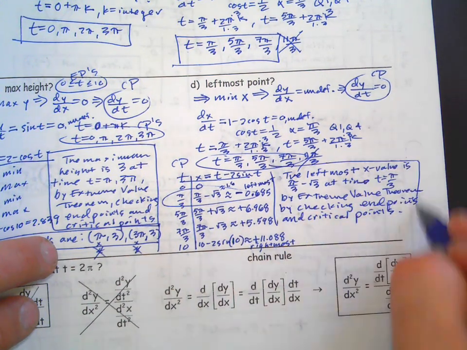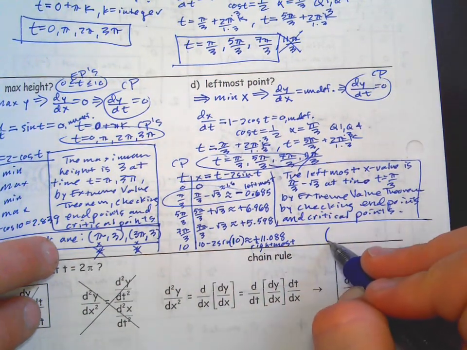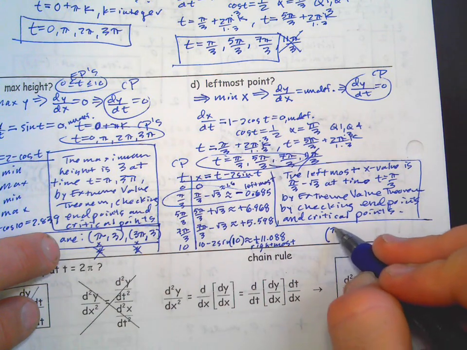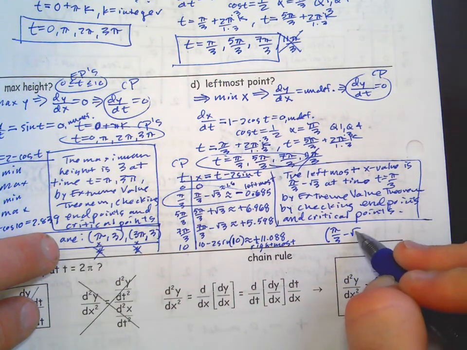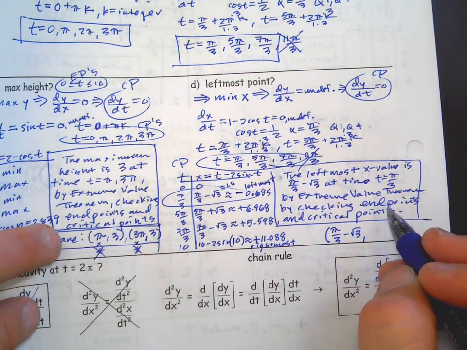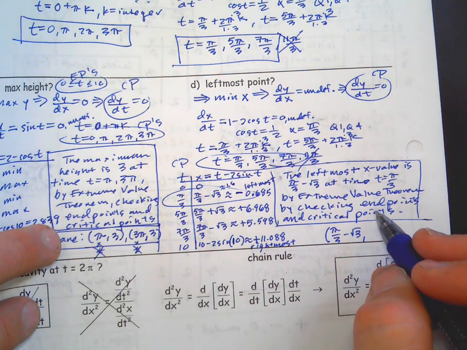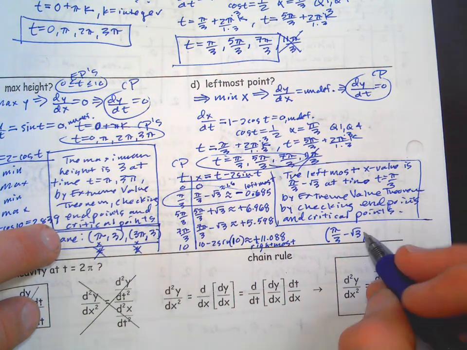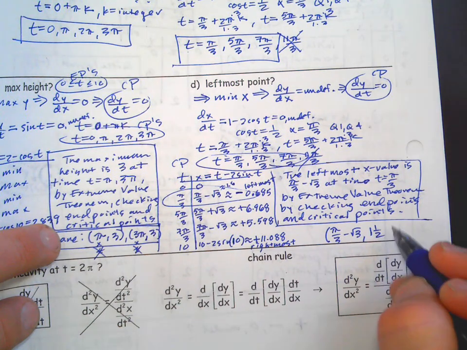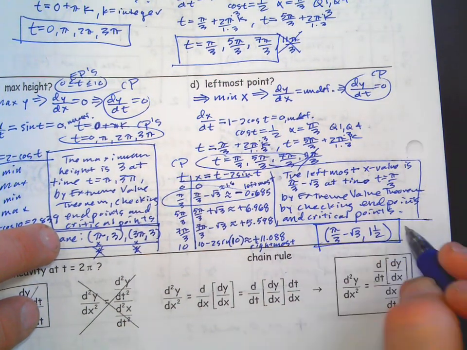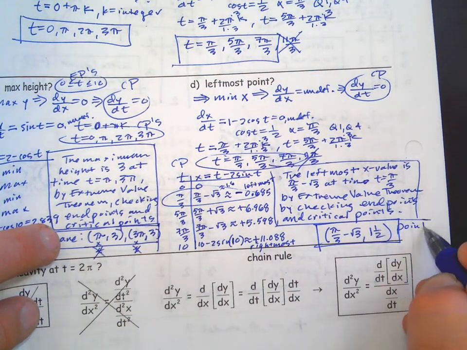Now, the actual point would be the x and y coordinates. So we already have the x coordinate as pi over 3 minus root 3, and then we plug pi over 3 into the y equation, and cosine of pi over 3 is 1/2, so it'd be 2 minus 1/2, it'd be 1.5, or 3/2 would be the point, leftmost point, x and y coordinates.